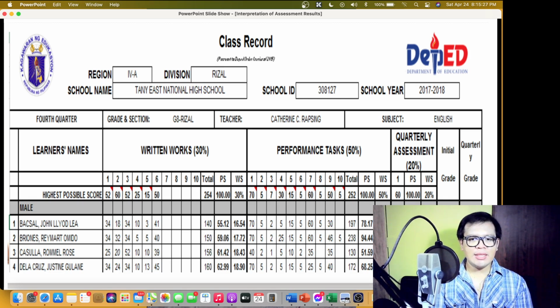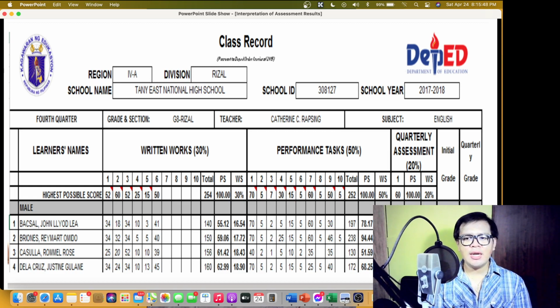So looking at the example, we have the names of the students, the written works, which comprise 30%, the performance task is 50%, and we also have the quarterly assessment, which is 20%. So most probably this is a 100% score. The total perfect score is that percentage with the initial grade, and it's also noted with its quarterly grade so that it would be carried over into the next grading session.